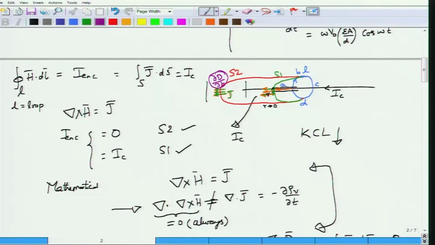So del D by del t will pick up whatever the charging current I_C is, and in that process give you the continuity of current. Otherwise charges would have piled up, right, but this is a situation where you cannot really have that. So the role of the conduction current is now being played by displacement current.